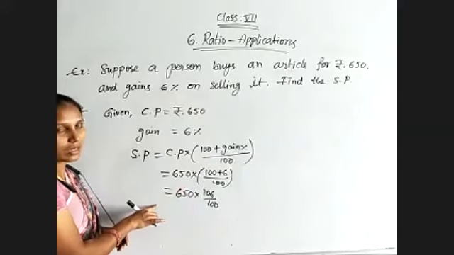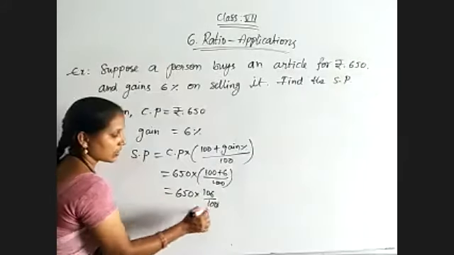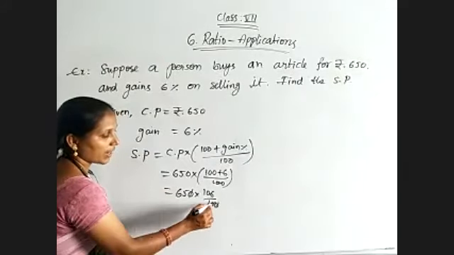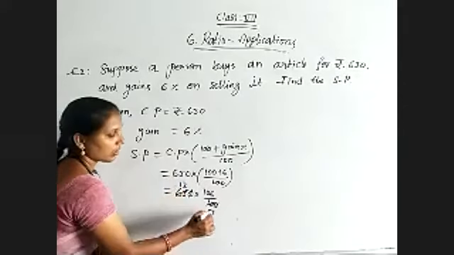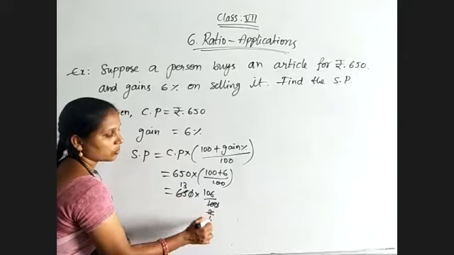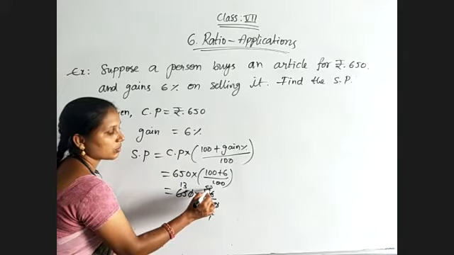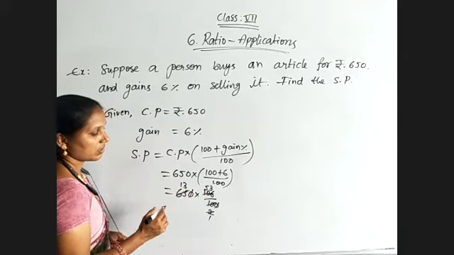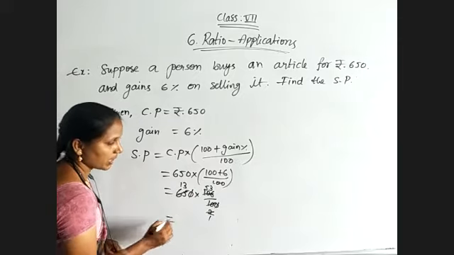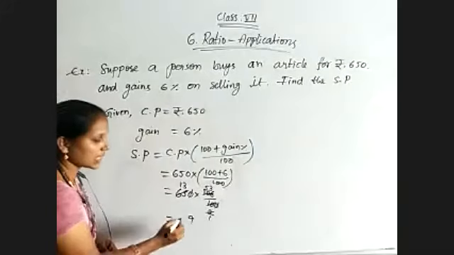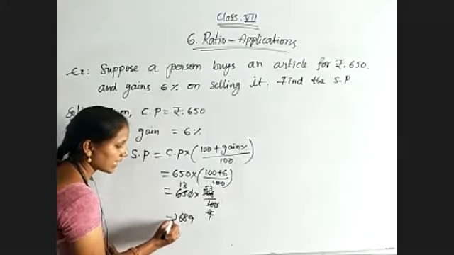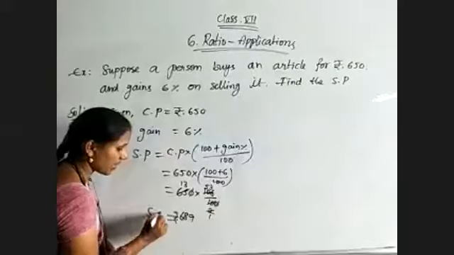The zeros get cancelled. 5 2s are 10, 5 13s are 65. 13 3s are 39, 13 5s are 65, plus 368 gives 689 rupees. That is the SP of the article.